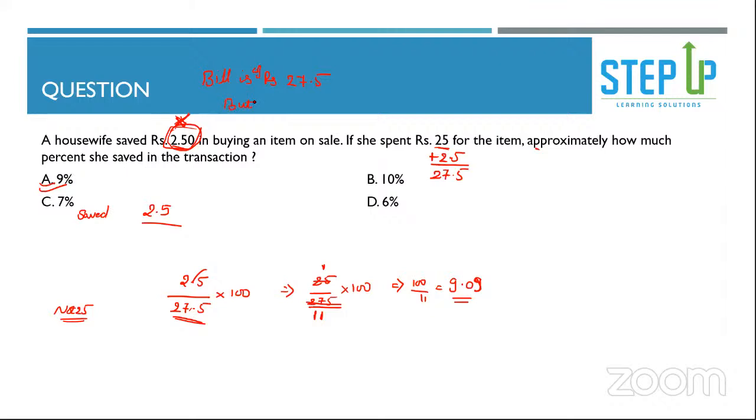But you saved 2.5 rupees. So then you paid 25 rupees, right? So you save this 2.5 on 27.5. That's why it will be 2.5 upon 27.5 into 100. Fair enough. We'll move to the next one.